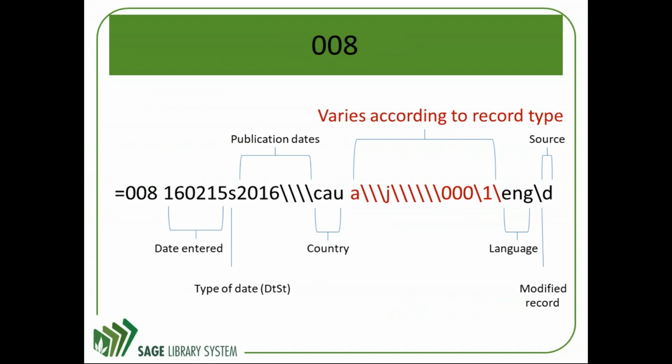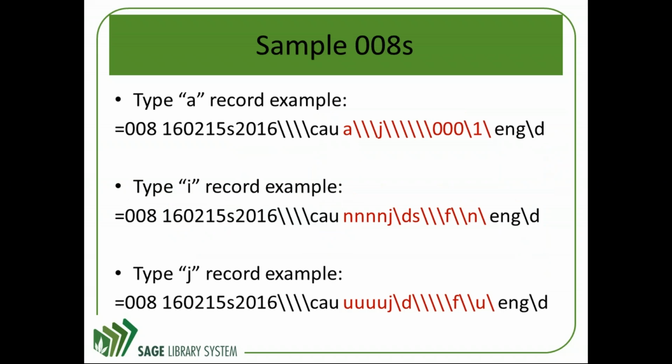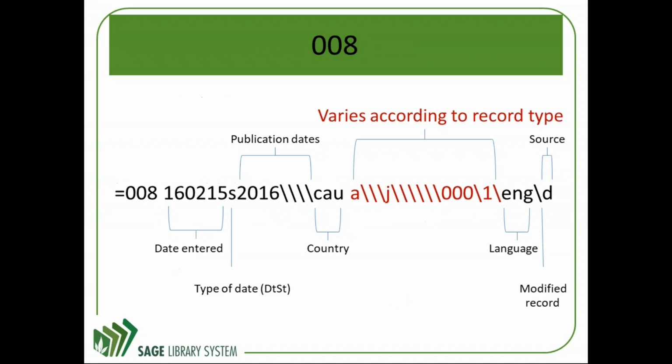Again, I've highlighted that middle portion that is going to vary according to the record type, but the bits on the end in black are going to be consistent, as we saw with that last slide. All of that is consistent with these three different record types.